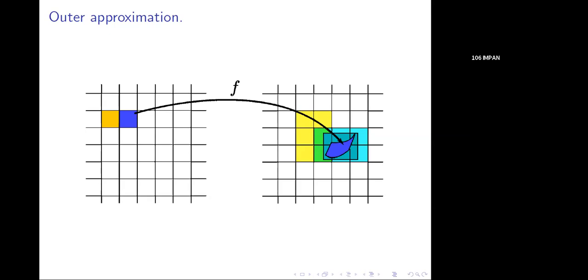Let's assume for the moment that I can. What I can do is compute an image of that cube. It will be something nonlinear, connected. I can take a minimal collection of cubes that enclose that image. In this way, I get some outer approximation of the solution. That's what we are doing over here.